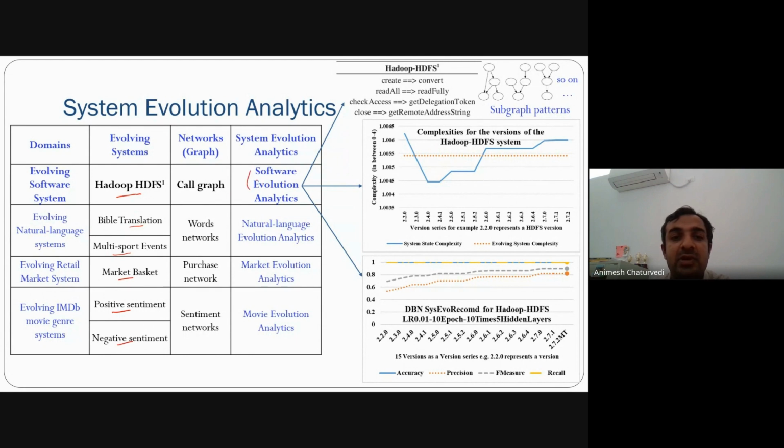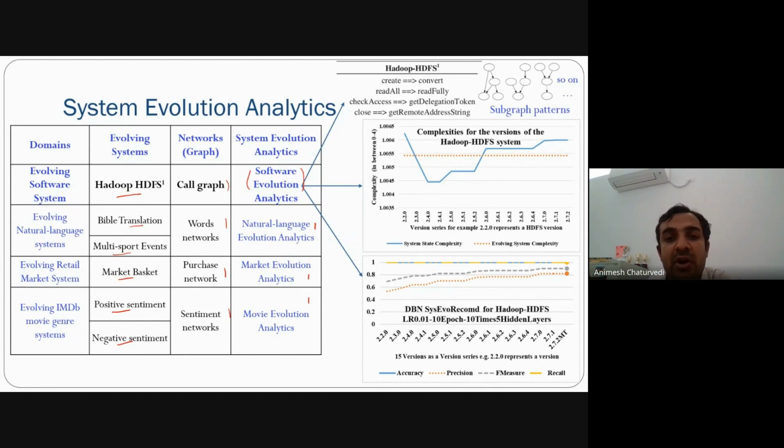That has led to the creation of call graph, which resulted in software evolution analytics. Then word network, purchase network, sentiment network for natural language analytics, market analytics, and movie evolution analytics.